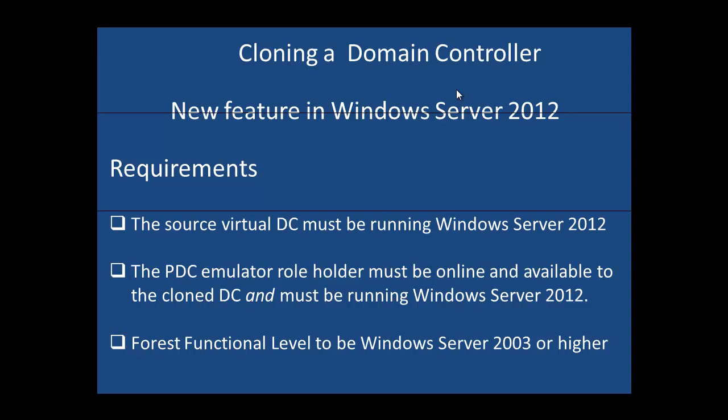As you can imagine, depending on the size of the Active Directory database, ntds.dit, it would take a considerable amount of time to copy the Active Directory database with either of those options.